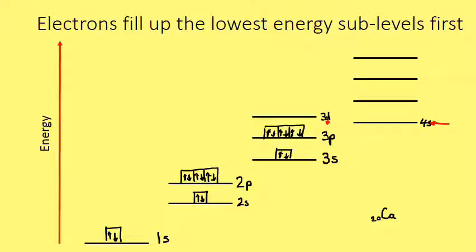And so according to this rule, which is what happens in practice, the 4s sublevel is going to be filled first. Even though it's in the 4th shell and we've not filled the 3rd shell, the next electrons, the 19th and 20th, are going to go into the 4s orbital.